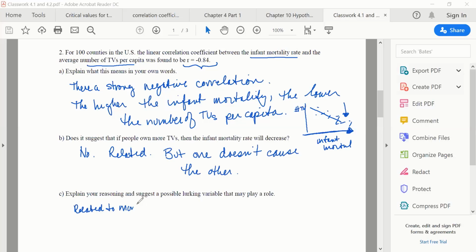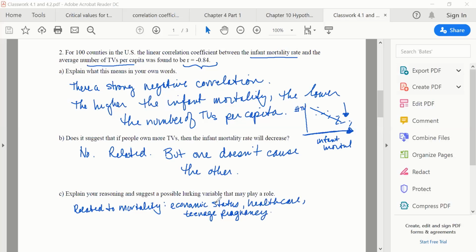Yep. So one thing is the economic status. Healthcare is one of the biggest ones. And another is teenage pregnancy, which is also very highly correlated.